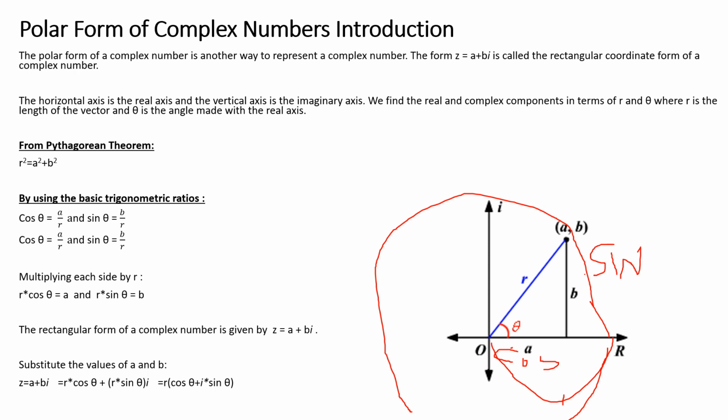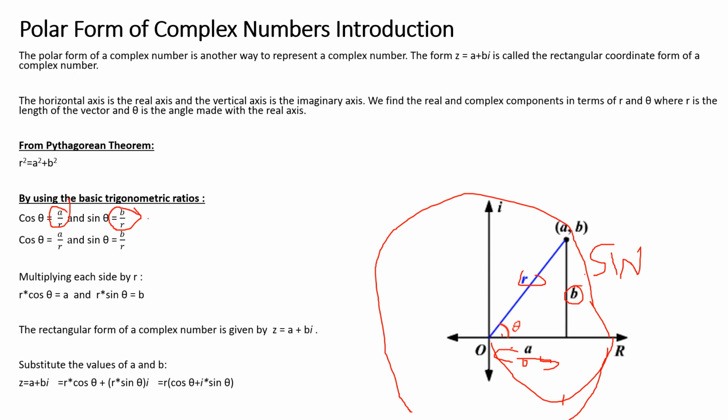And remember, if this is my a, cosine is the ratio adjacent over hypotenuse, adjacent of this angle, which is a over r. And then sine is opposite over hypotenuse, and here's theta, the angle, a line opposite theta over r. So sine is b over r. Now, if we multiply each side by r, we're just rearranging this whole thing.